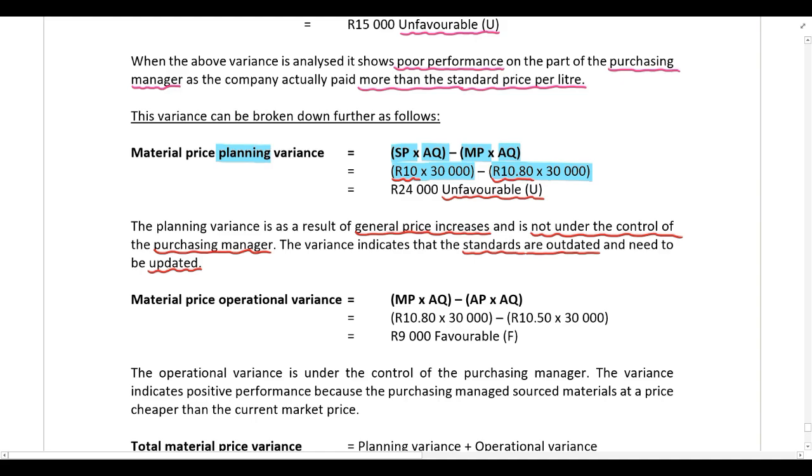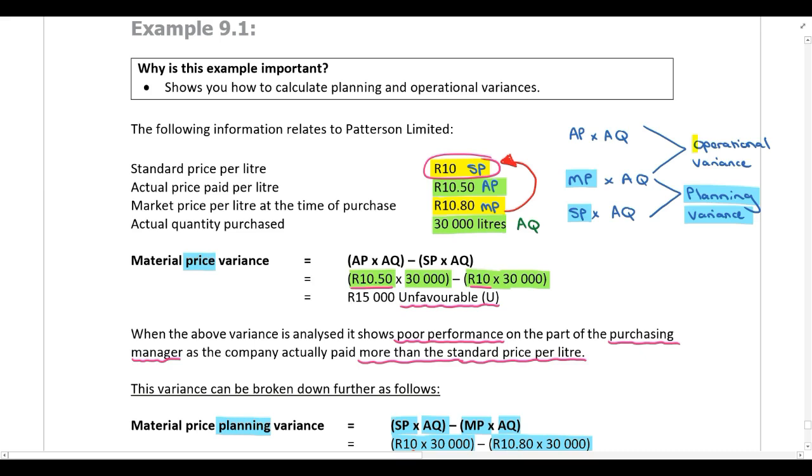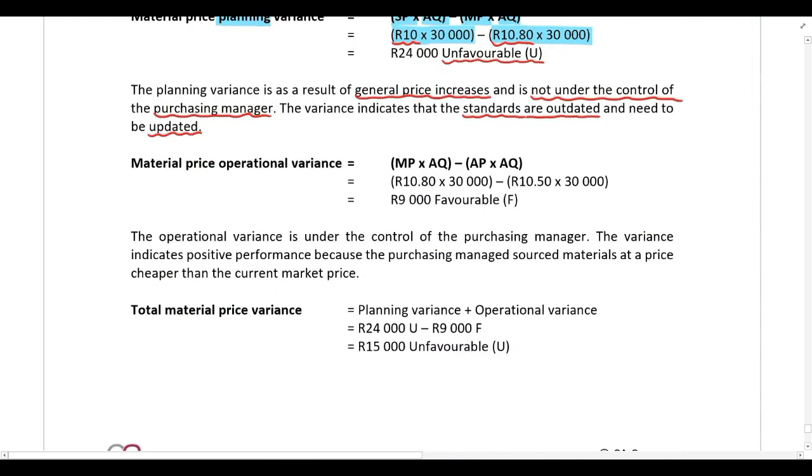Then let's look at the operational variance. So once again, the actual quantity remains the same, and we are comparing the actual price to the market price. So the actual quantity is 30,000 litres, the actual price is 10 Rand 50 per litre, and the market price is 10 Rand 80 per litre.